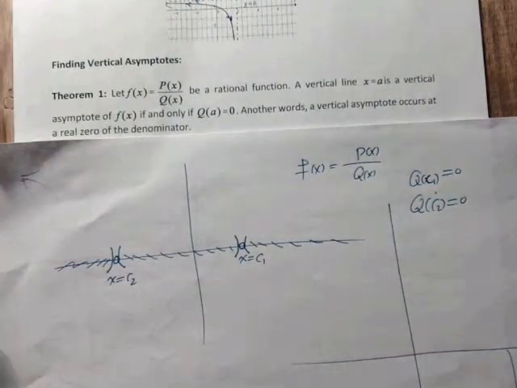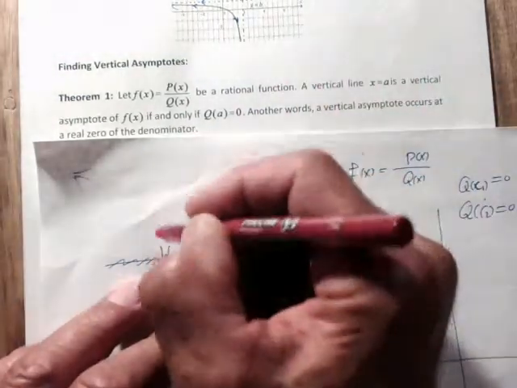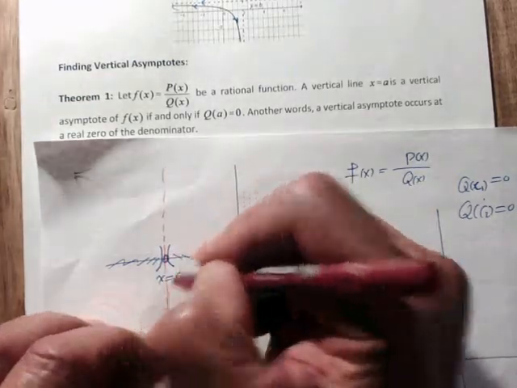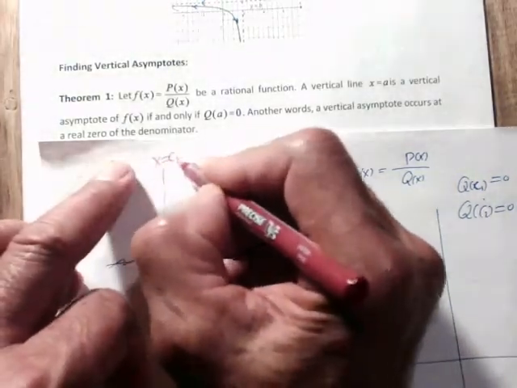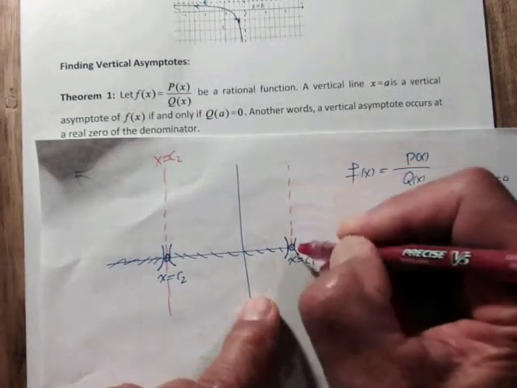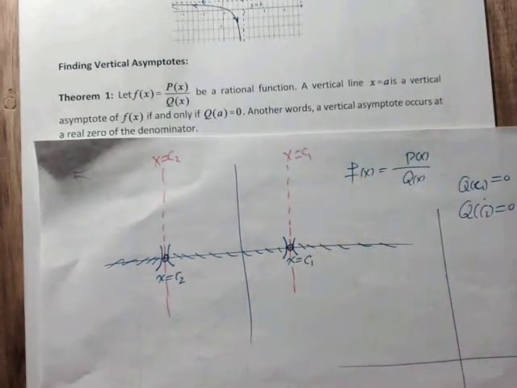So at those points where you remove those numbers, I have vertical lines like this. This is x equals c2, one vertical asymptote. This is another one, x equals c1.